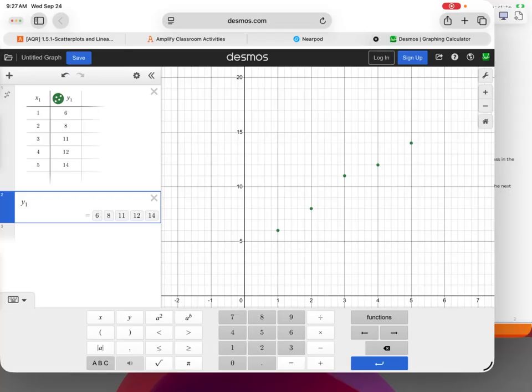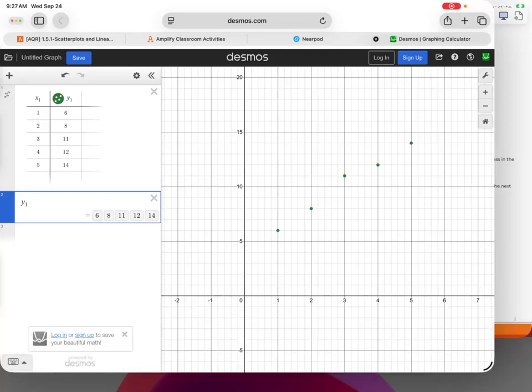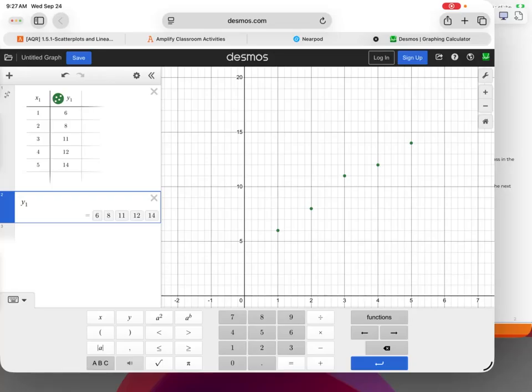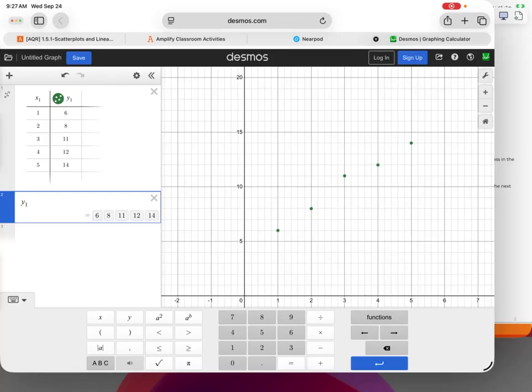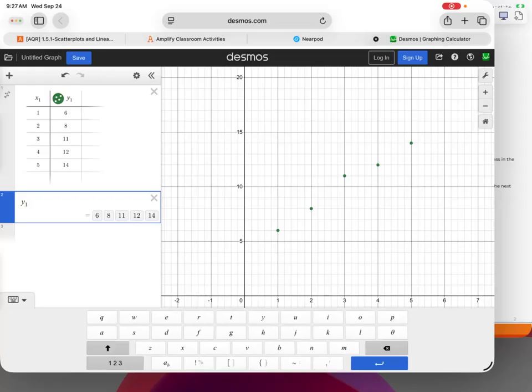Now, I need you to go to the keyboard, and you're going to use the little squiggly. On here, you could type ABC, and then you see the little squiggly right here.